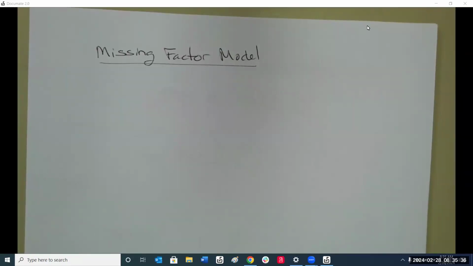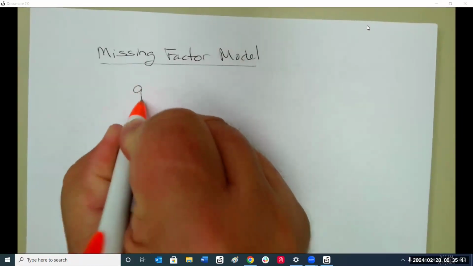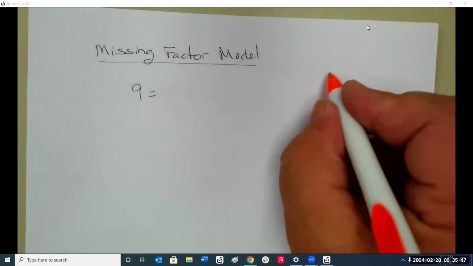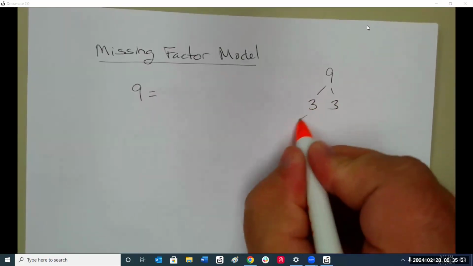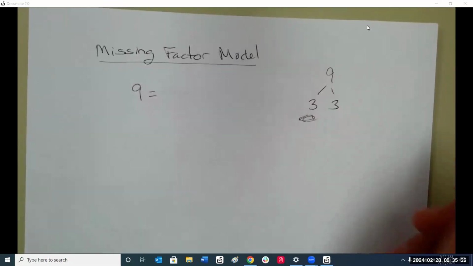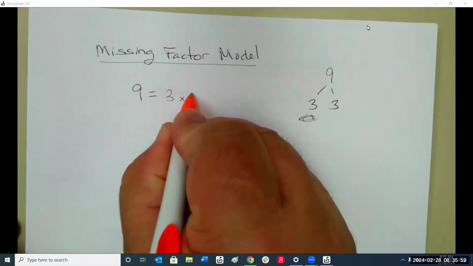What is a factor? If I gave you the number 9, what are the factors of 9? 9 breaks down to 3 times 3, as far as it goes, because it's prime numbers. Everything has a number 1 factored into it. So this is made up of 3 times 3.